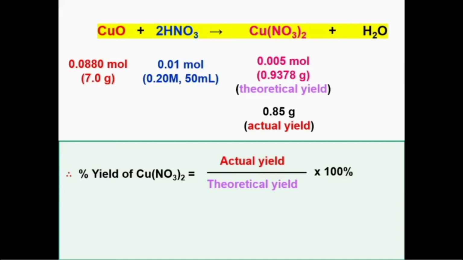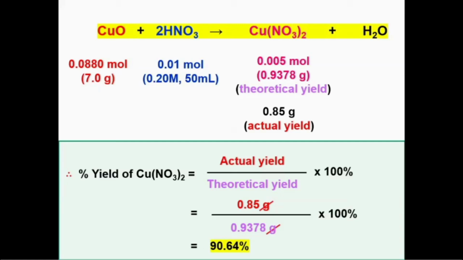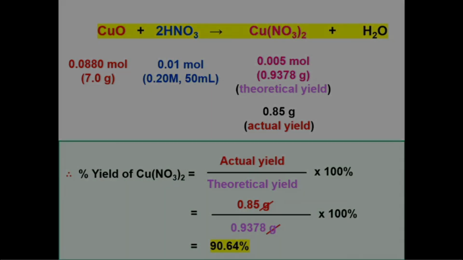So the actual yield is 0.85 grams, divided by 0.9378 grams, times 100%, and we are going to get 90.64%. And that is the percentage yield of copper 2 nitrate. It is just 90.64%. That is how we calculate percentage yield.